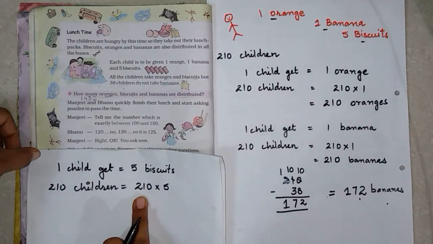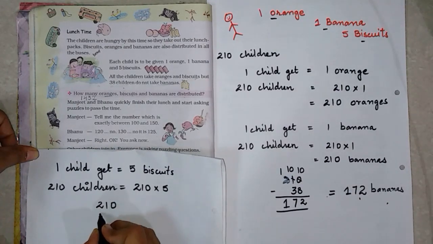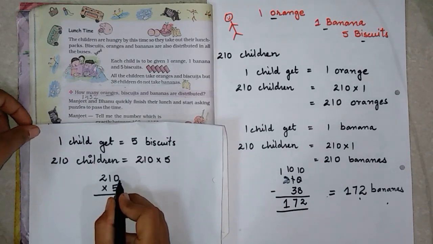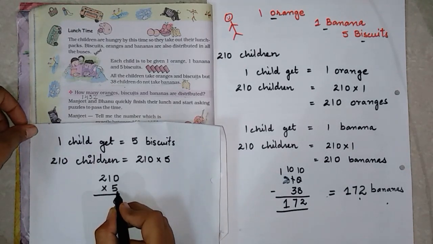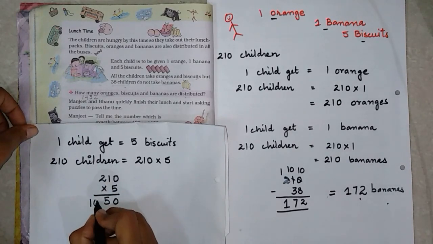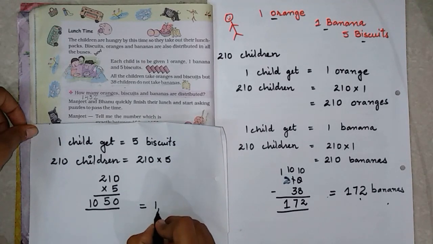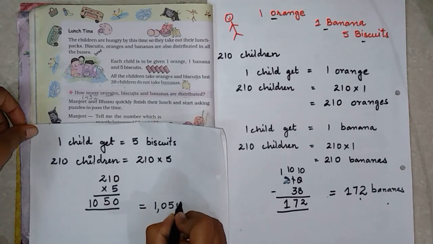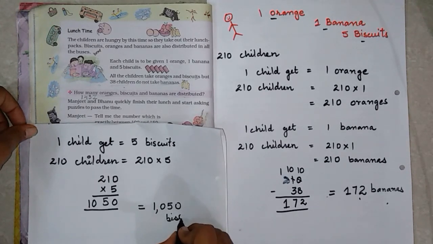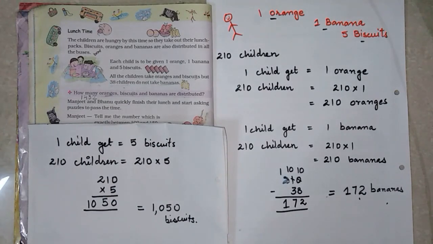Here we need to multiply 210 by 5. 5 multiplied by 0 is 0. 5 multiplied by 1 is 5 and 5 multiplied by 2 is 10. So 1050 biscuits are distributed.